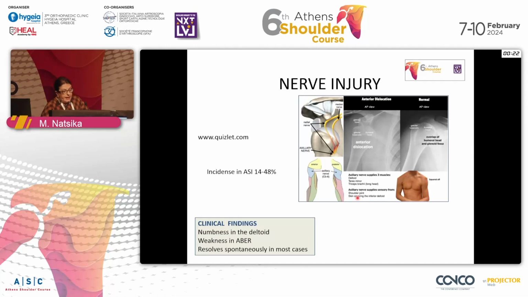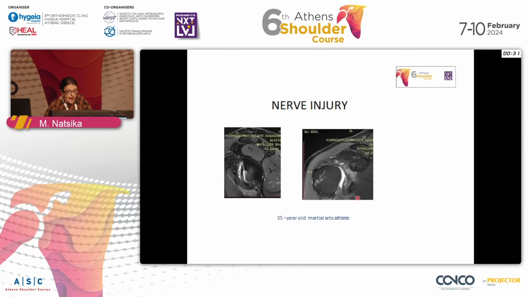The clinical findings you know better than we do, but they resolve by themselves, most of them. Sometimes we have to take care about this edema that is under the axillary pouch and the inferior glenoid, and to follow it. But as I told you, most of the time it resolves by itself.